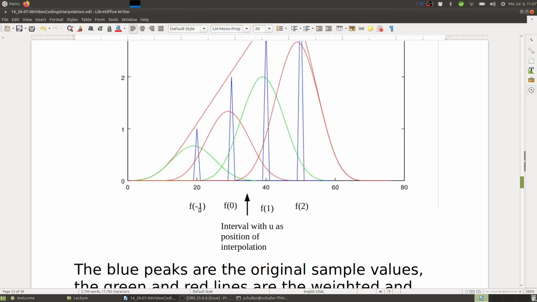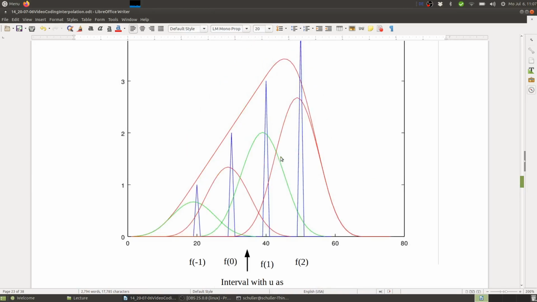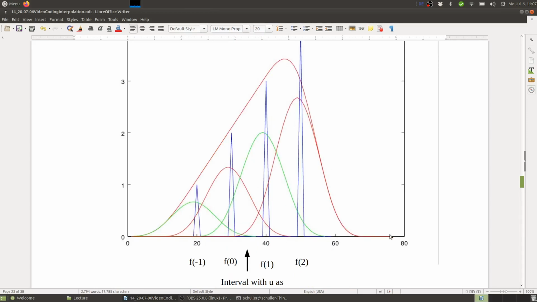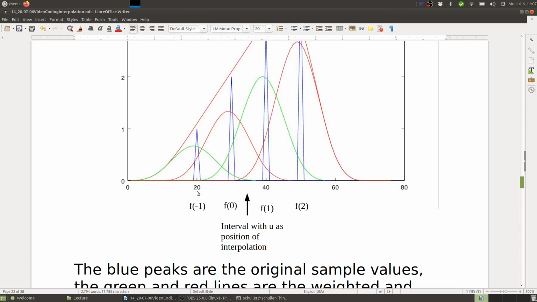So we start here at minus 1, function value 1, then 2. So basically like a ramp, and then it goes back to 0 here. And here we have the integer x values, again discretized with 10 samples. So we have 1/10 accuracy.